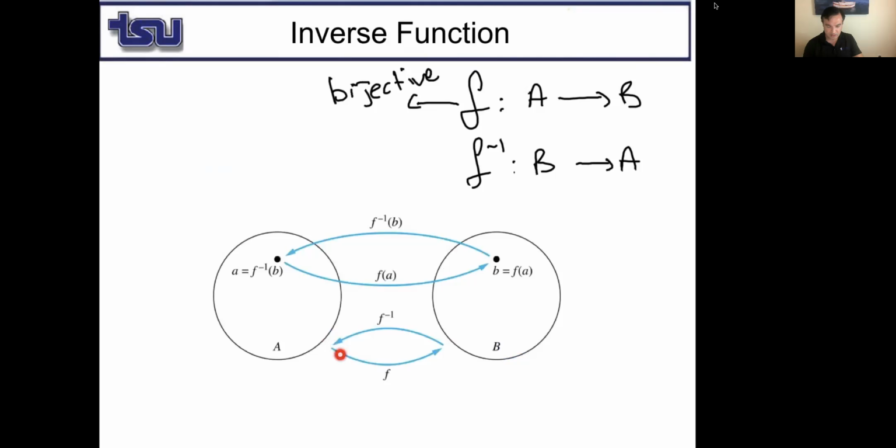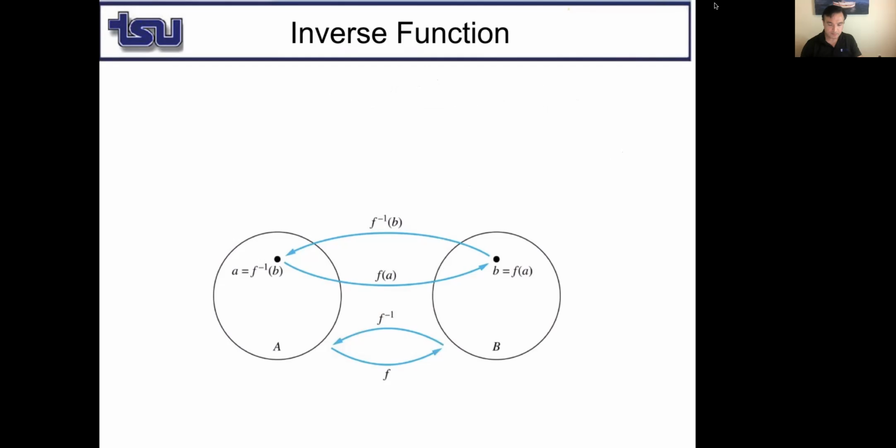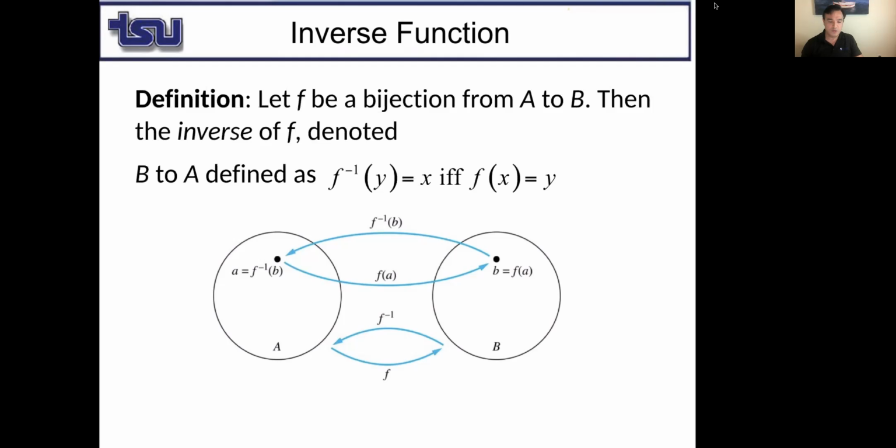And this is a function f from A to B, and function f inverse is from B to A. So it needs to be bijective, or bijection, or one-to-one and onto. Why? It must be onto. Why?